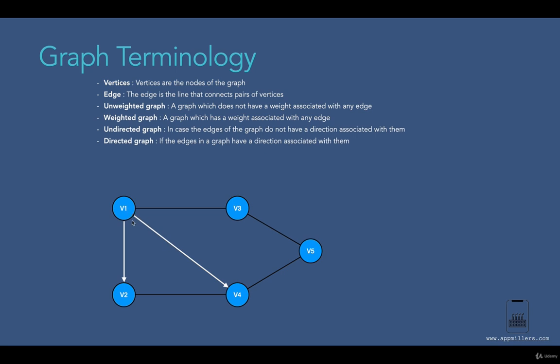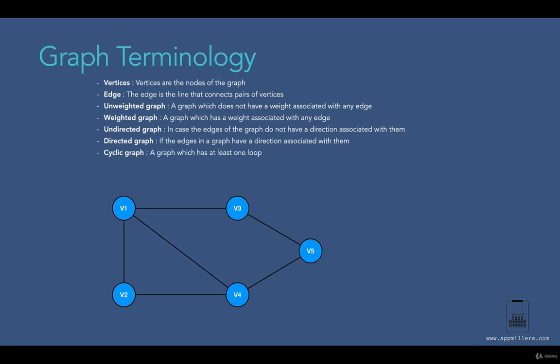Now, in this case, here also we can go from V1 to V4, but we cannot come back from V4 directly to V1. Of course in this case we can use V5, V3 and then we can come to V1. But in this case there is no direct link from V4 to V1 because this direction from V1 to V4 is one direction way. So that's why it's called directed graph. So let's continue to the next terminology.